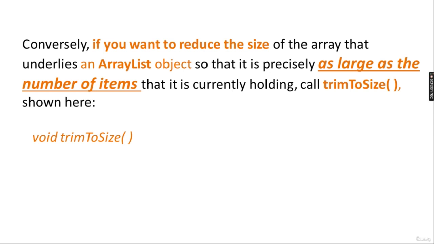If you want to reduce the size of the array that underlies an ArrayList object so that it is precisely as large as the number of items, call trimToSize. Okay.